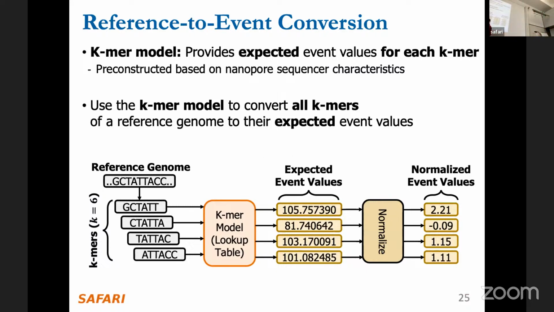Is this what you're referring to? We have a k-mer, and this lookup table contains values for all possible 6-mers. It's not too big because it's 4 to the 6, and for 9-mers it's 4 to the 9, still manageable, and you simply do a lookup for all k-mers that you extract.